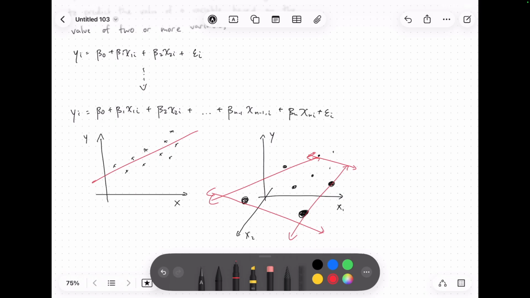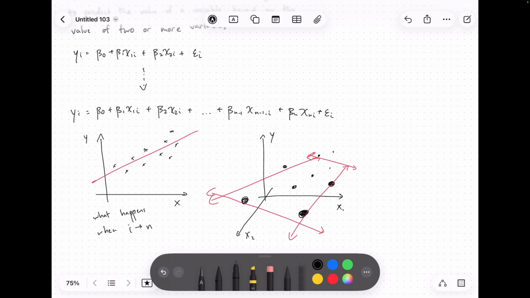And your ability to visualize all of these things immediately becomes much harder, even just adding one extra dimension. I'll add a word of caution, which is what happens when p gets closer to n.